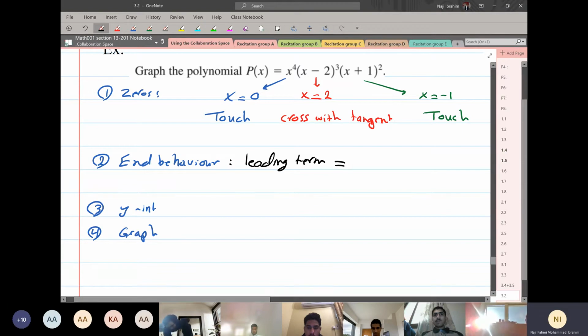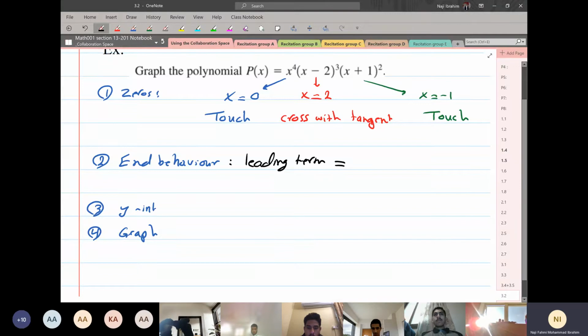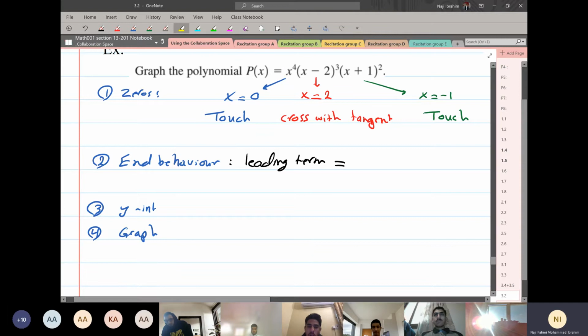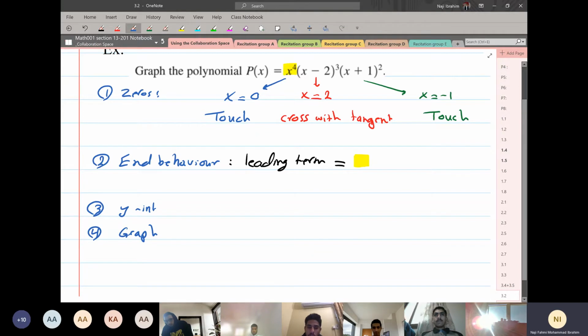We took this yesterday. We said we have to go to each factor and just choose the term with the highest power of x. So the leading term, in the first factor, I will just have x to power 4.